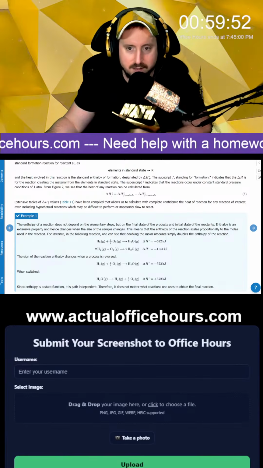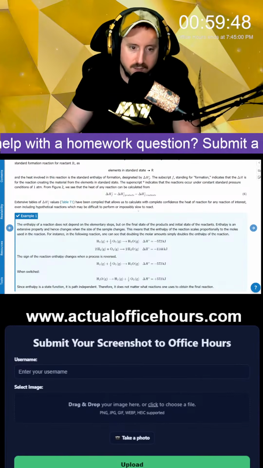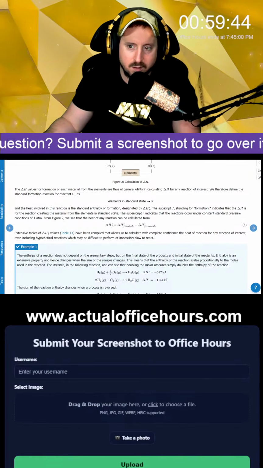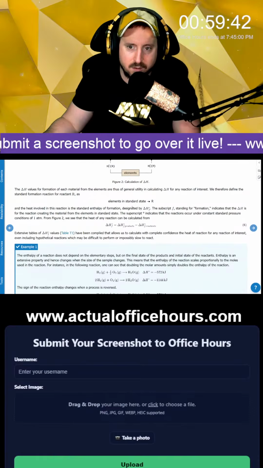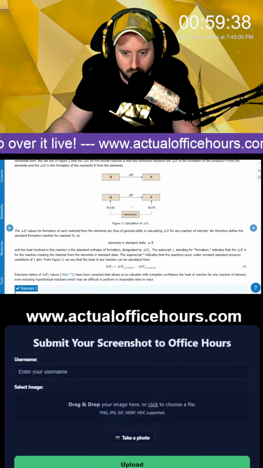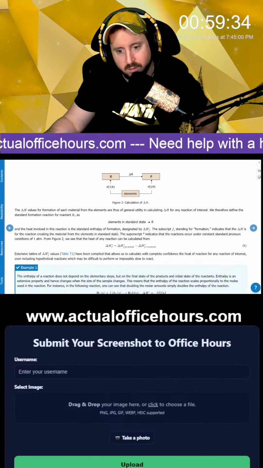Oh, this is it. Okay, yeah. Delta H f products minus delta H reactants. Yes, but how do the subscripts work then? We'll try both.